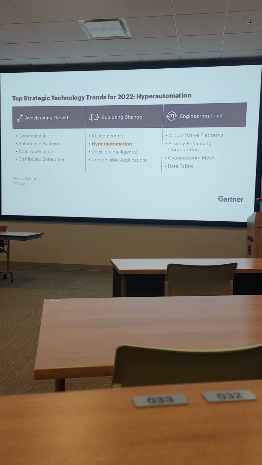strategic technology trends for hyper automation, you know, softwareization, automation. They said let's not do things in a fixed manner. So that has already been a noticeable trend in 22. See, in 22 there is already Gen AI, automatic systems, things like that, and hyper automation.